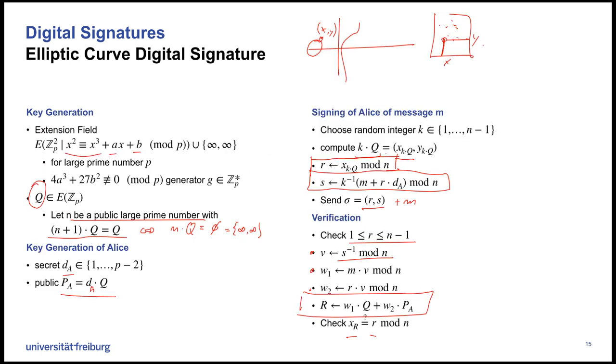And the check here is whether r is the same as some other number that you just have here, which is k times Q. So basically this check should be equivalent to whether R is equal to k times Q. And we use the x coordinate just as an indicator that we end up at the same point as k times Q.